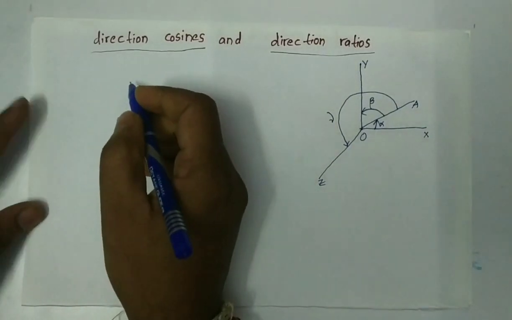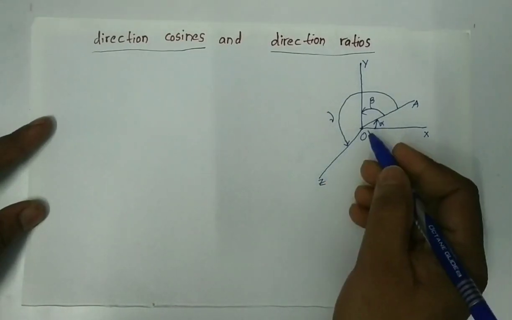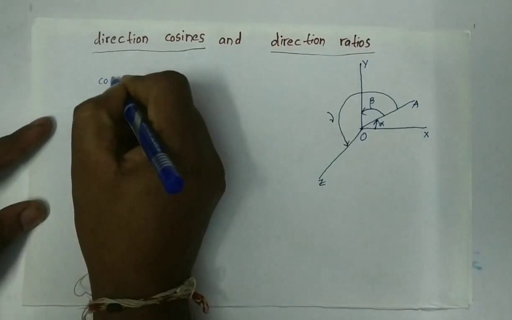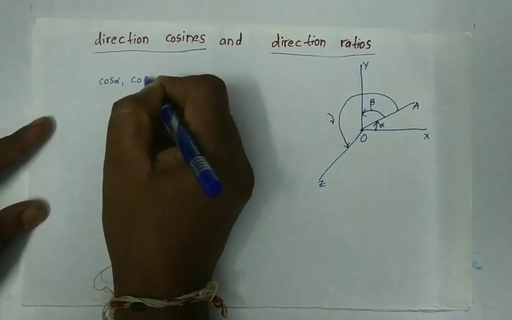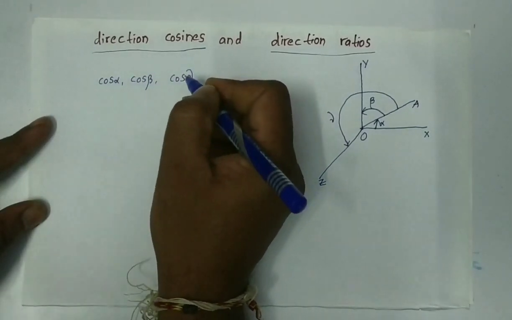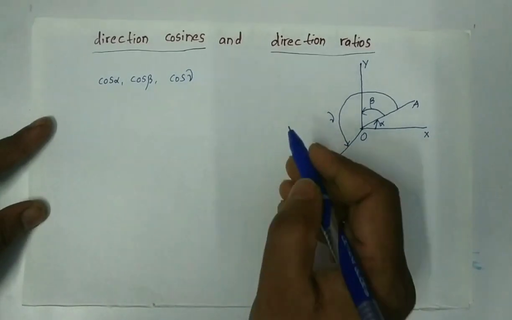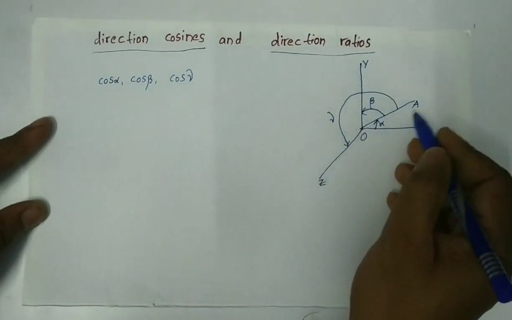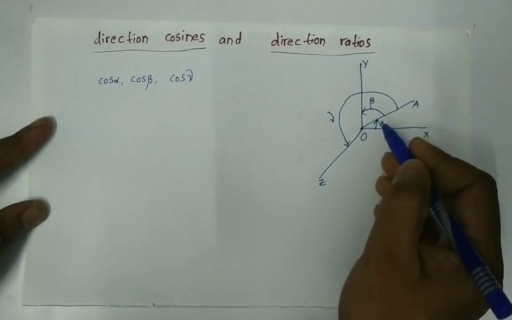Then the cosines of these angles, that means cos alpha, cos beta, cos gamma, are called the direction cosines of the directed line OA.